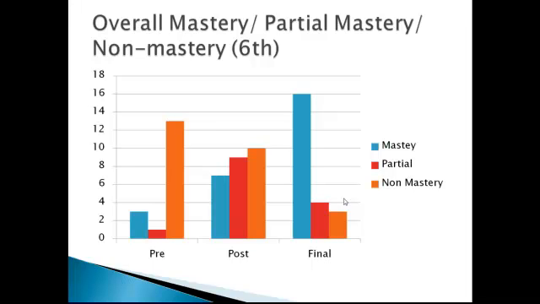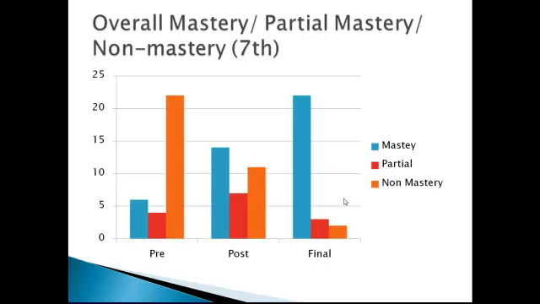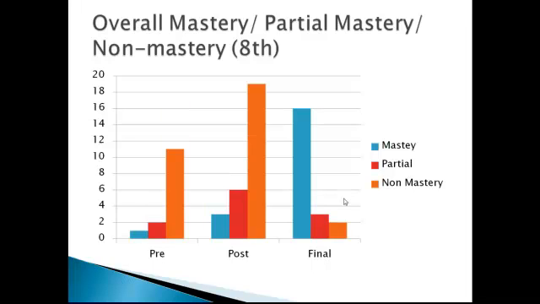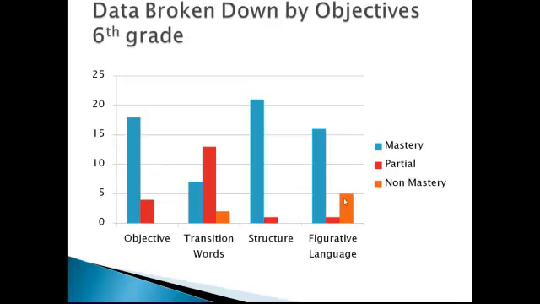This graph in particular shows the mastery levels for the 6th grade classes at the pre, post, and final assessment. Then for my 7th grade class and 8th grade class. The following graph shows the mastery levels for the objectives covered in the unit.